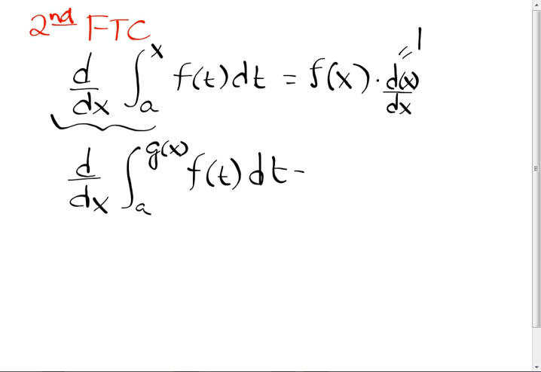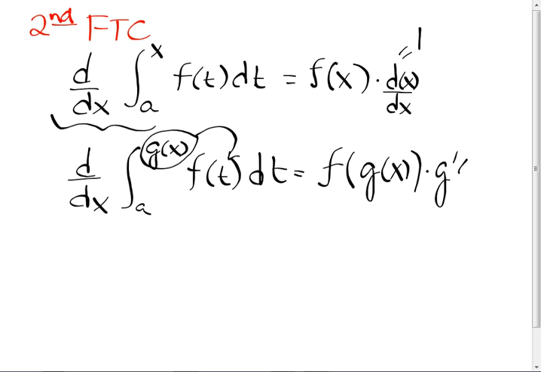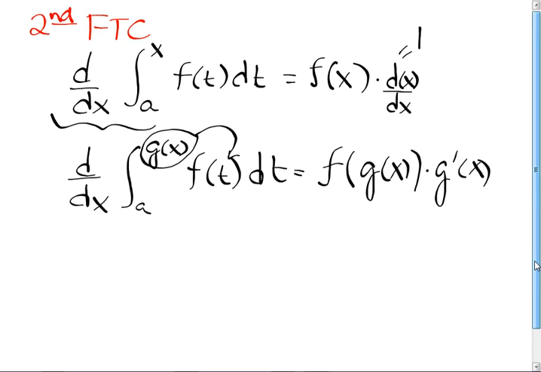This is not going to be f of x anymore. It's f of g of x times g prime of x. If you go back and look at the video, I actually proved why it is what it is.